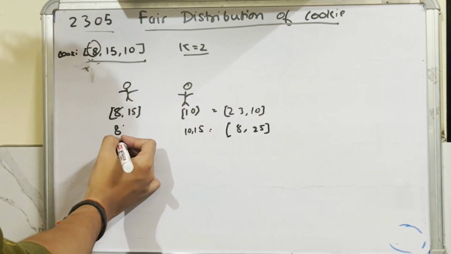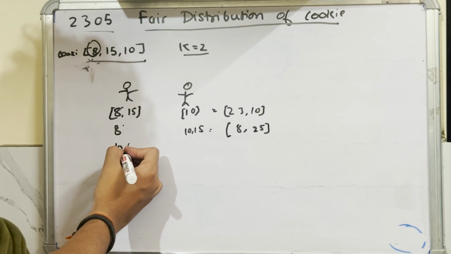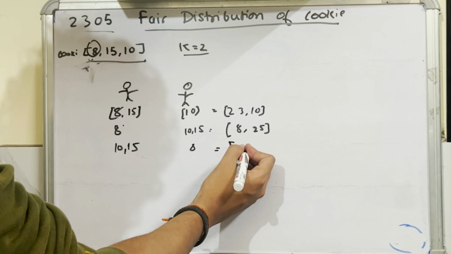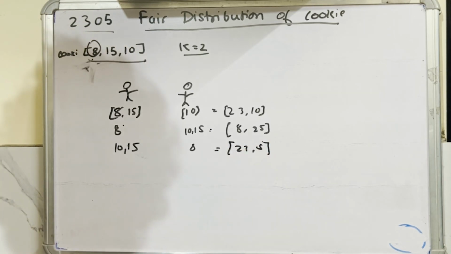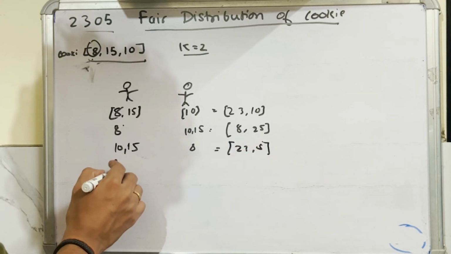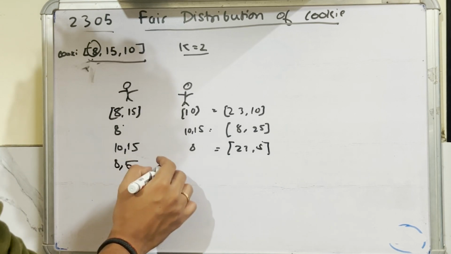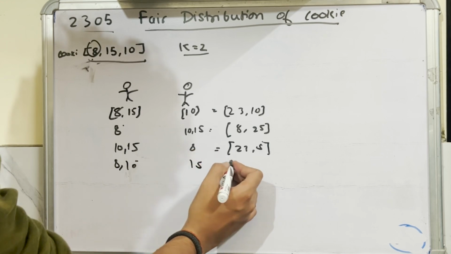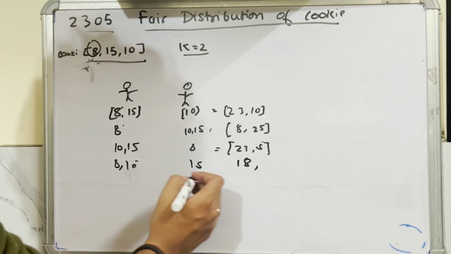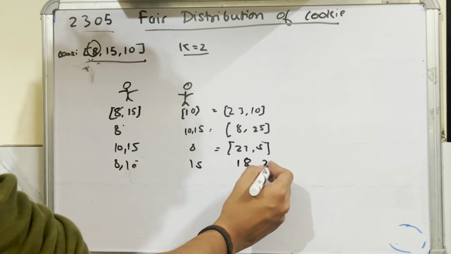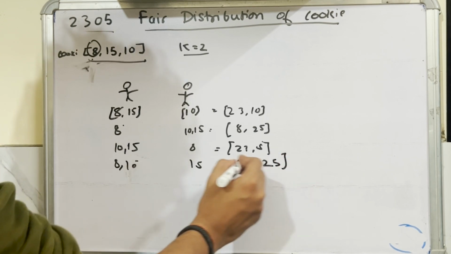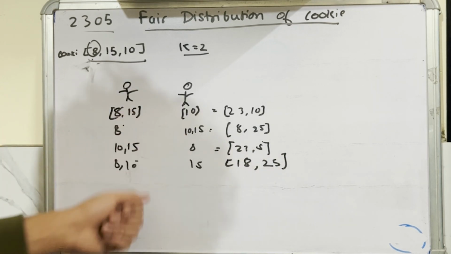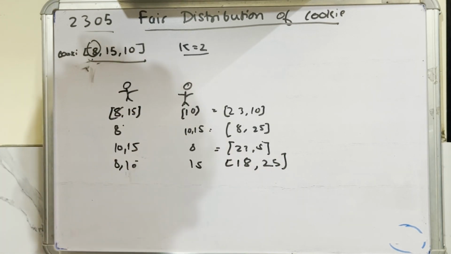The next possible combination can be 10 and 15, or 8, that will be the same, or 23 and 8. And the other combination can be 8 and 10, and 15, which gives 18 and 25.